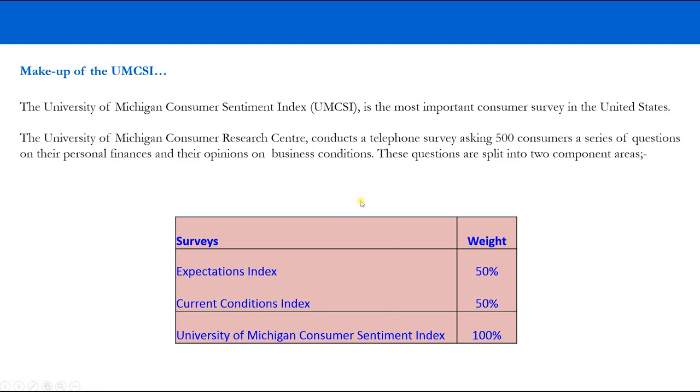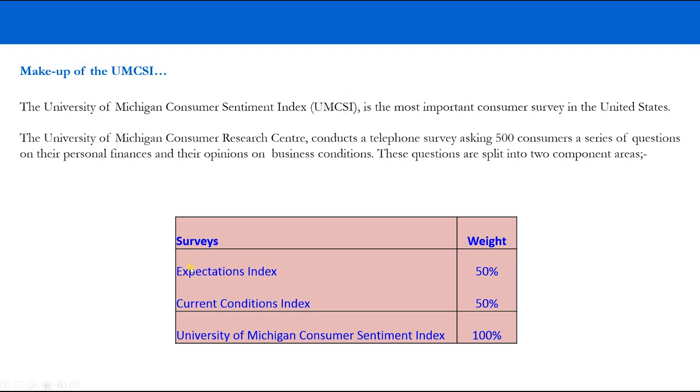And the way this works is the Michigan Consumer Research Center conducts a telephone survey asking 500 consumers a series of questions on their personal finances and their opinions on future business conditions. And you might think this is a small sample size, but it's actually incredibly accurate historically.